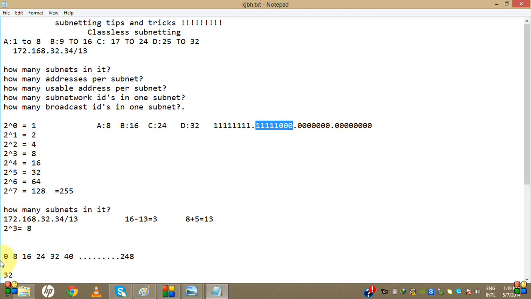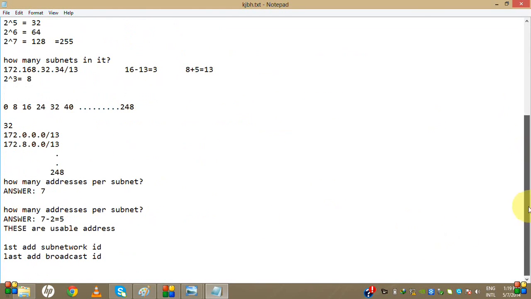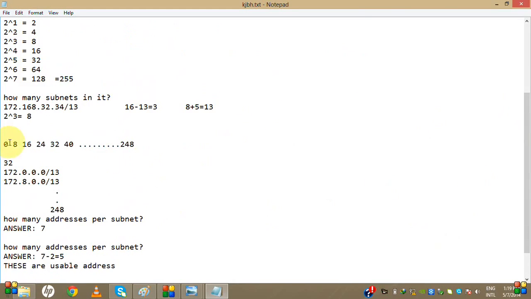The value I have to derive for the subnet from this address, 0.8.16, will be put in the second octet. That's why I have to put the value which is taken from there in the second octet, 0 8, and it goes towards 248.